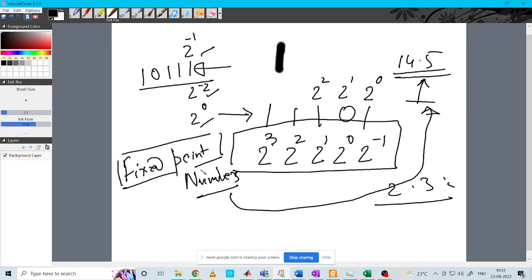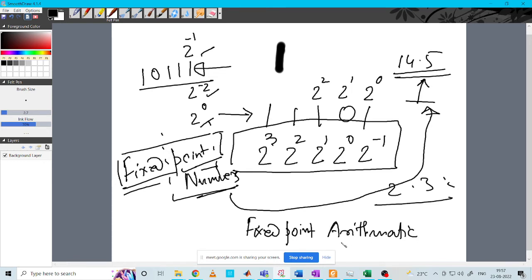I will not go into detail, but I will give you the key points that you can search on the internet, commonly known as fixed point arithmetic. Learn about this. It is a very important concept, and most current processors, even your mobile phones, most of the time use fixed point arithmetic.